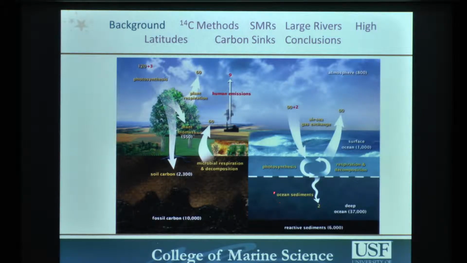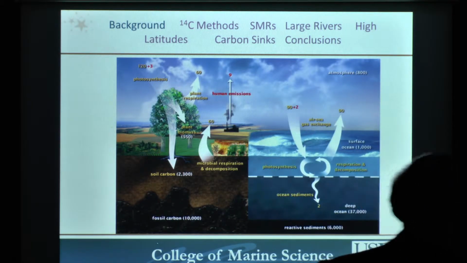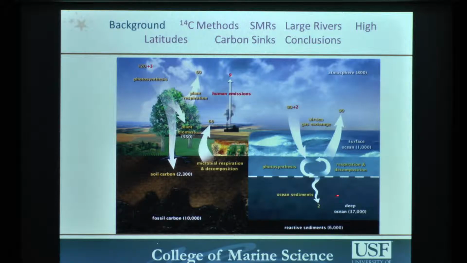And this little flux here, even though it's small compared to other reservoirs and other fluxes, is very important because it's the link between the rock carbon cycle and the biological carbon cycle. So we can use those terms simply. This cycle is moving fast, and carbon is cycling during time spans of organismal life.